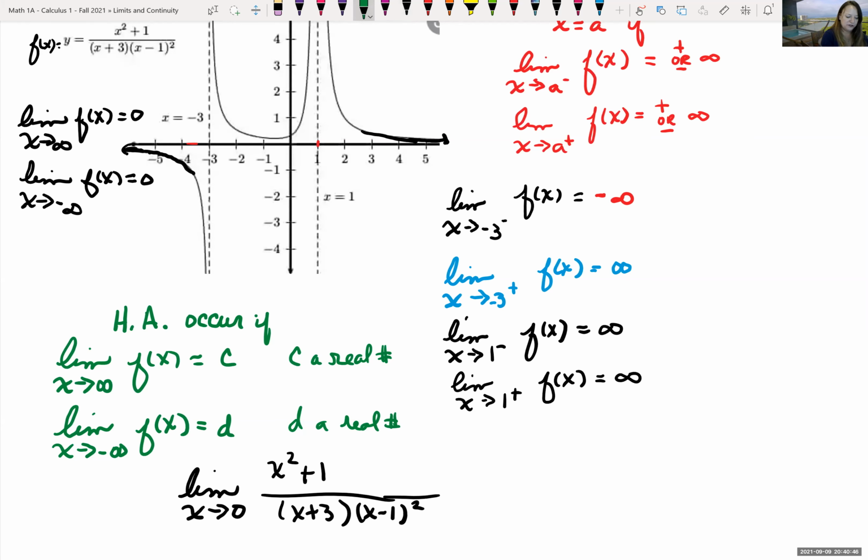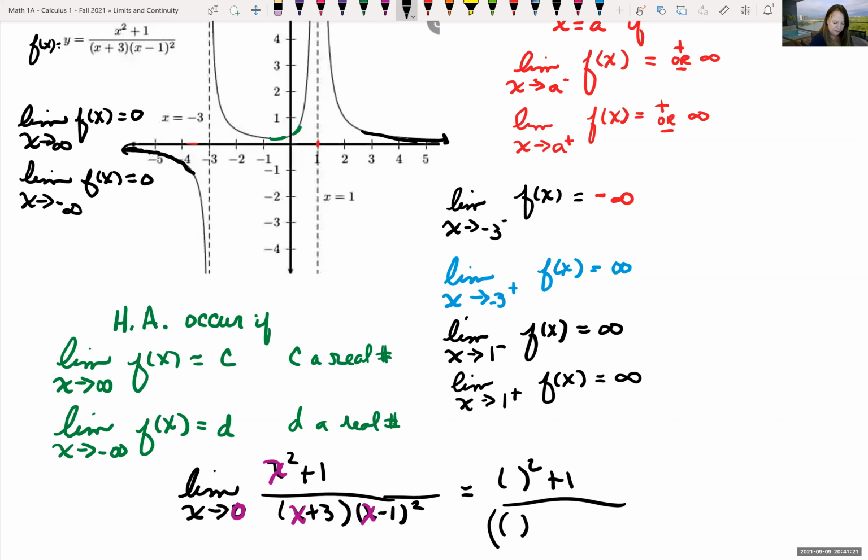There's no jump, there's no open circle. I know that the y value is between 0 and 1, but I can't really tell what it is. So let's just do direct substitution. We're good if it comes out with a number. If it's an indeterminate form, then we have to worry about it, but I don't think we get an indeterminate form.